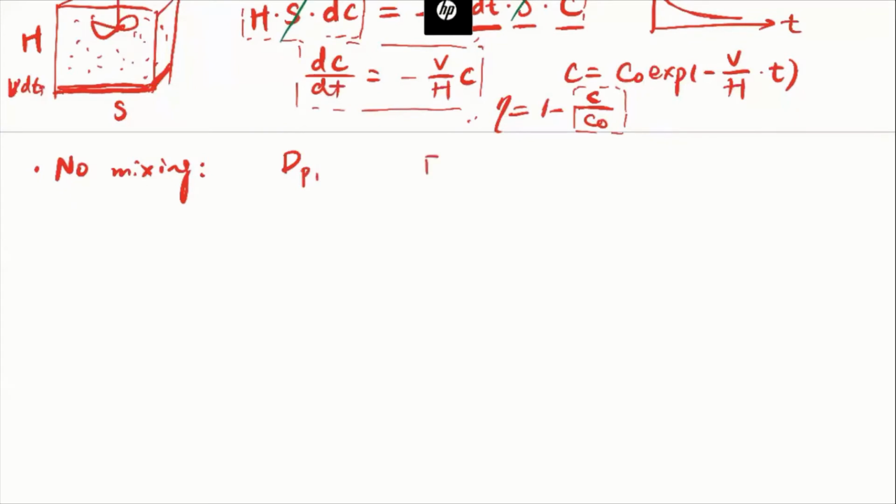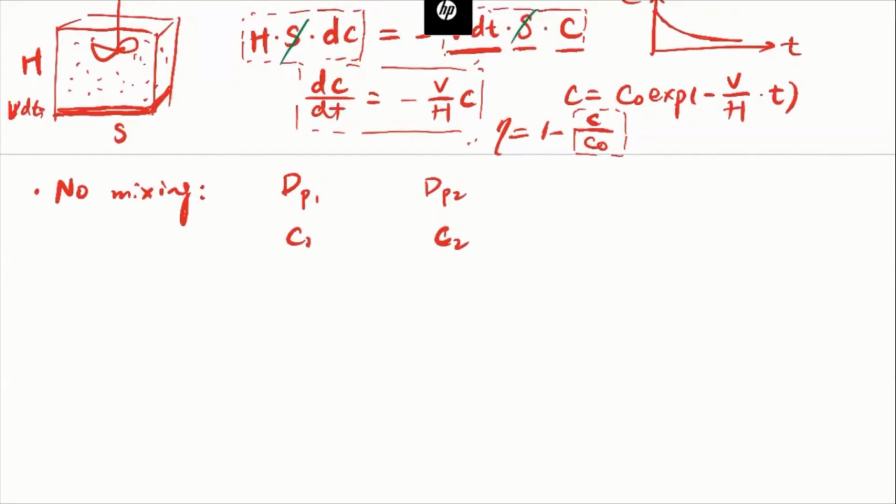We have dp1 and dp2, and let's assume that the concentrations of the particles in the beginning are C1 and C2. Basically we're assuming something like this. We have two different sizes.